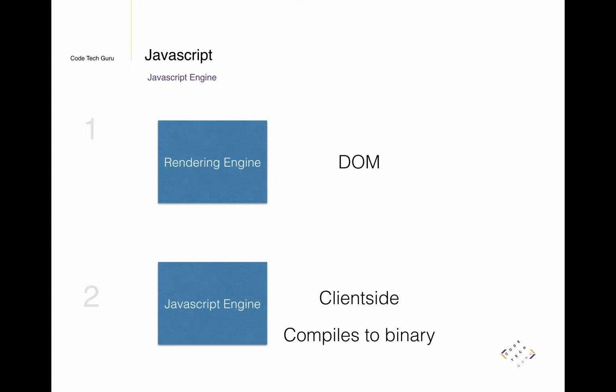So there is something called a JavaScript engine. Before we dwell into working on JavaScript, let's spend a few minutes, if not seconds, to understand how JavaScript works and what a JavaScript engine is. JavaScript does two things.